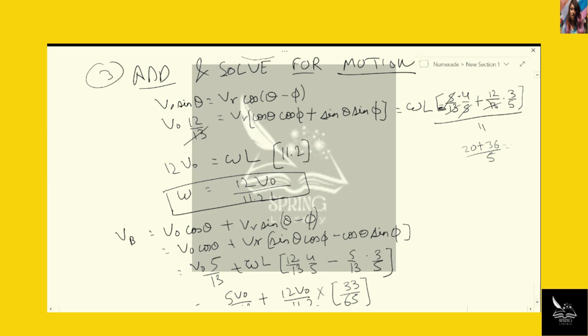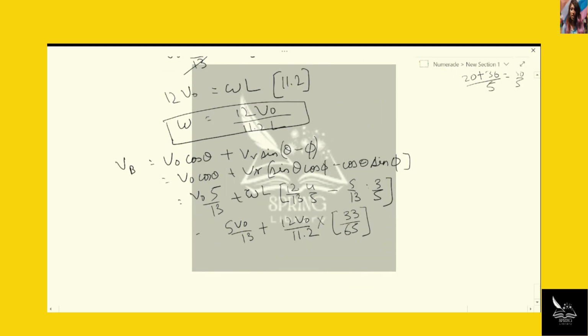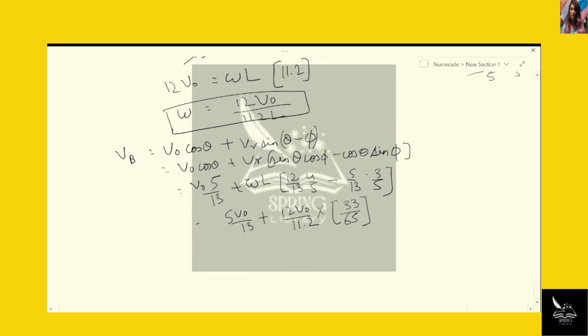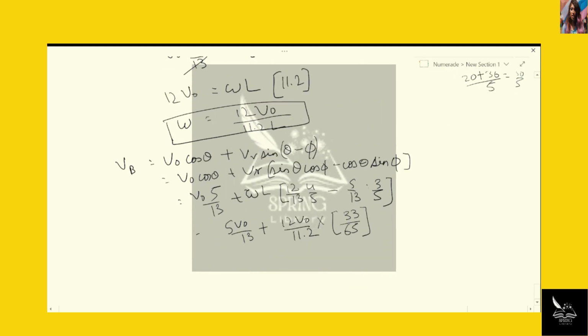So this was 56 over 5. That's how we got 11.2. So this number 11.2 will be 56 over 5. Does it help us cancel anything? Probably the 65. So let's just replace 11.2 by 56 over 5.